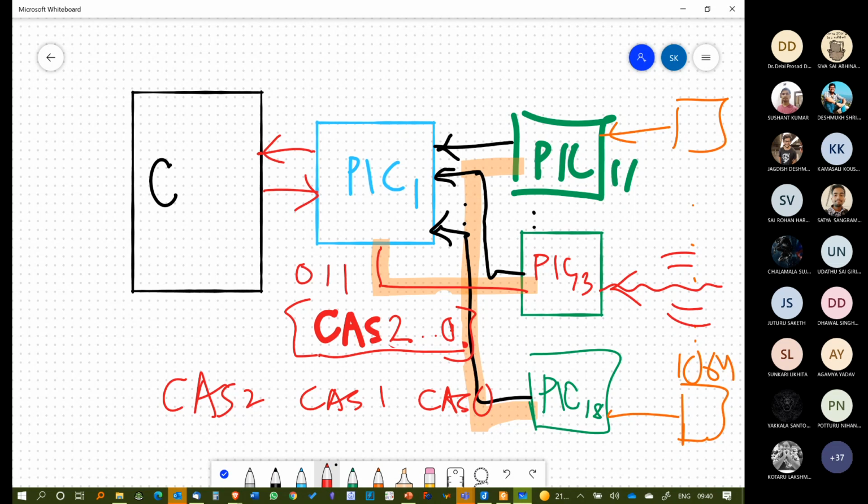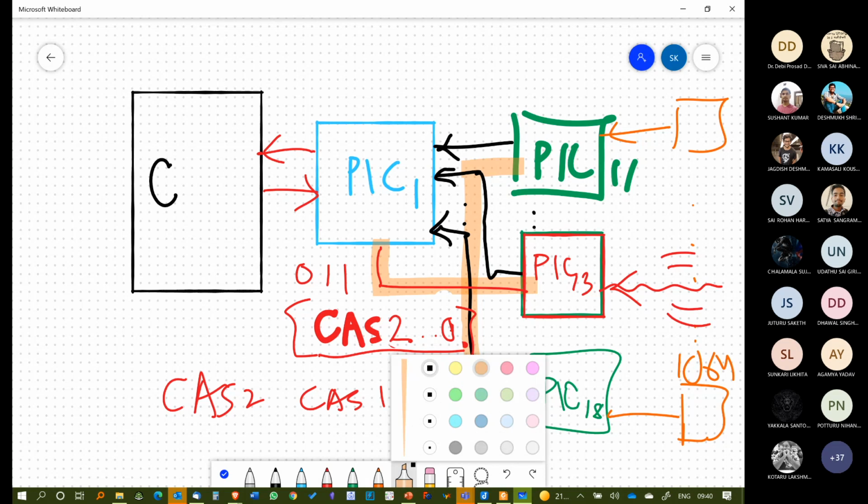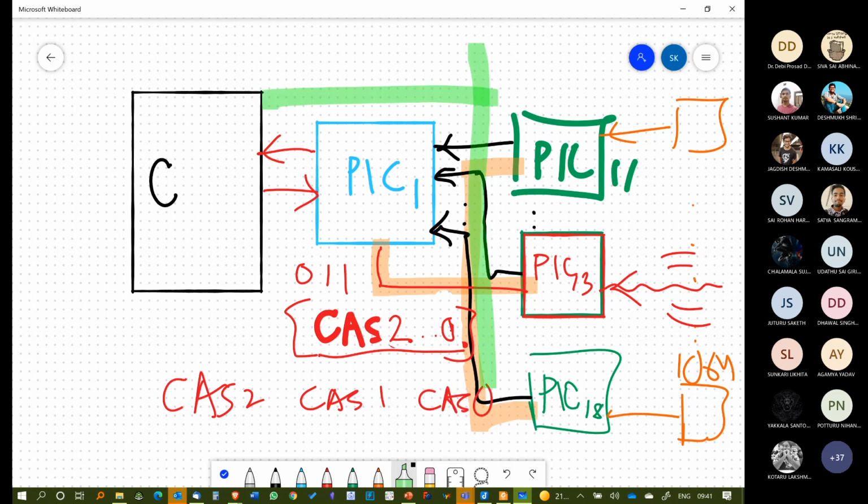Right? A 011 will select this pick as the fellow who is connected to the data bus. And remember, all these picks are actually connected to the data bus, except that they are not all selected at the same time.